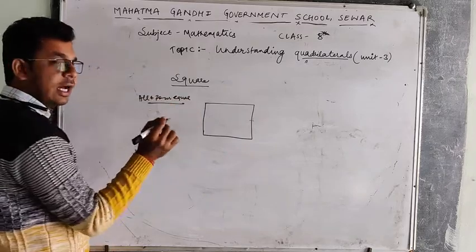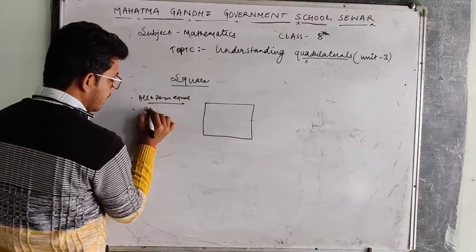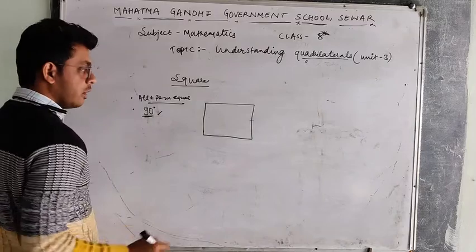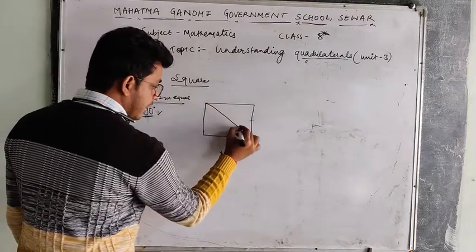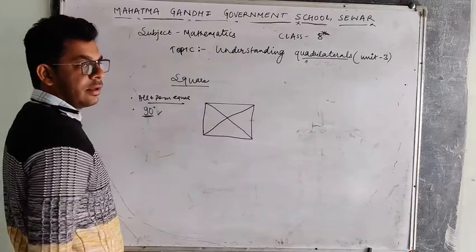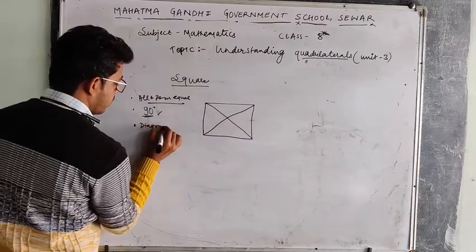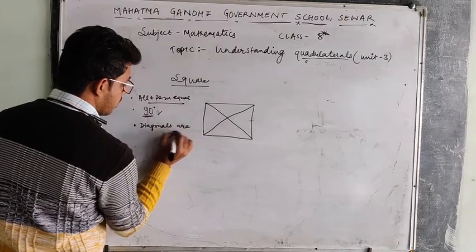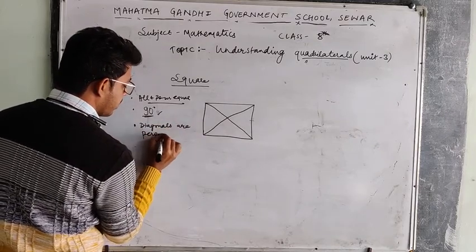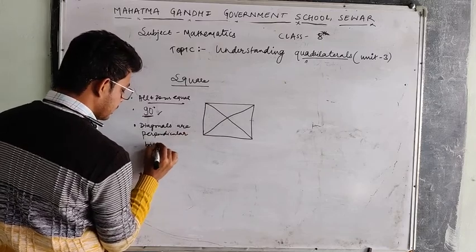All angles are of 90 degrees. And diagonals are perpendicular bisectors.